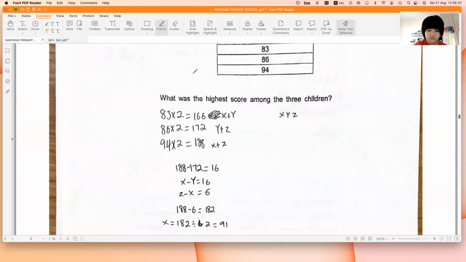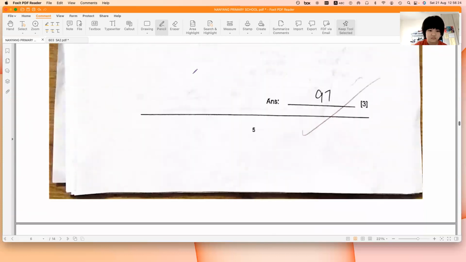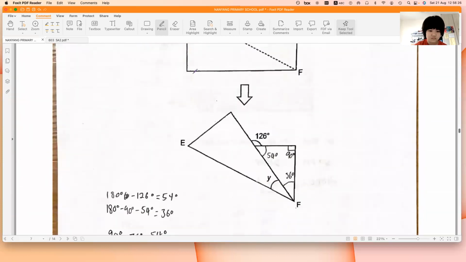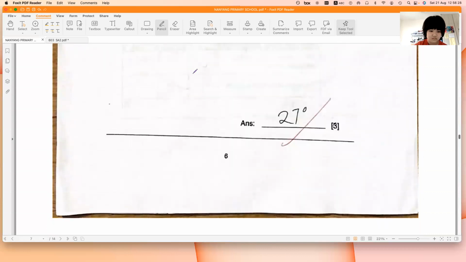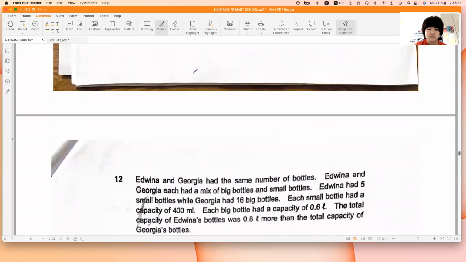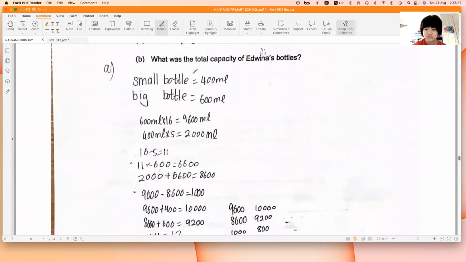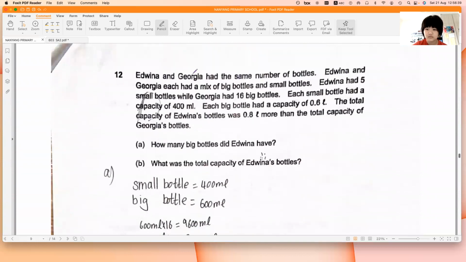Okay, this is good. So what question is this? Average score. Fold the paper. Good. This is volume. Nice. What's this? Once again, you have a small bottle and each bottle.